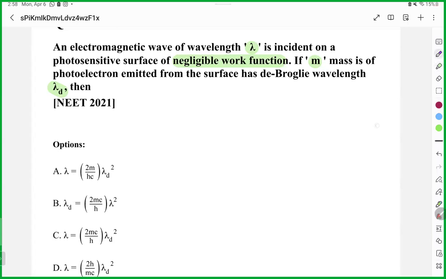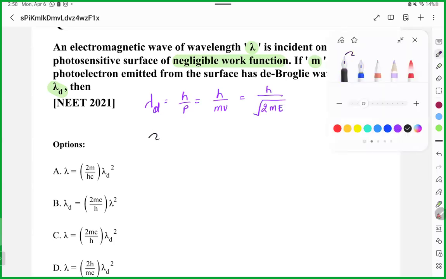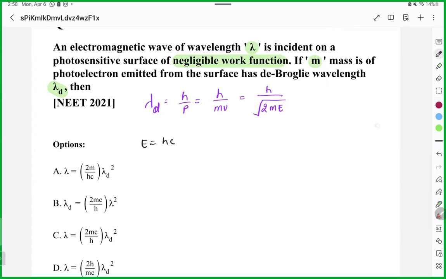So de Broglie wavelength is equal to h upon p, or h upon mv, or h upon under root 2mE. Correct? For a photon, if you calculate energy, you know energy is equal to hc by lambda.